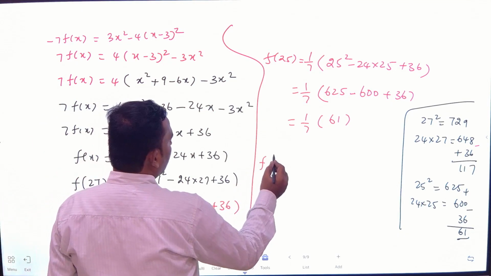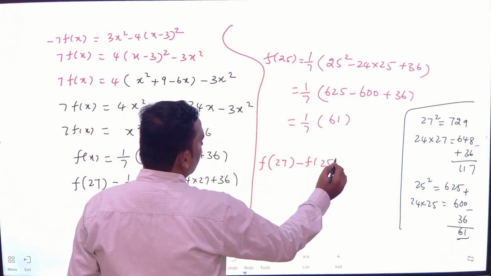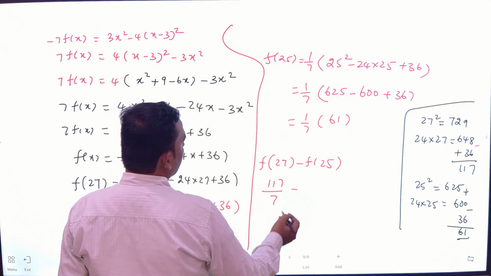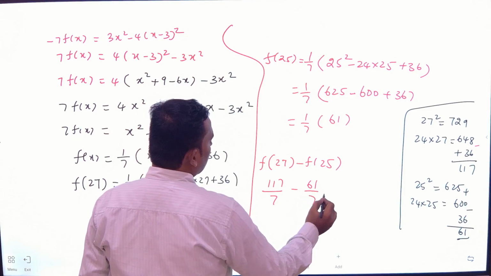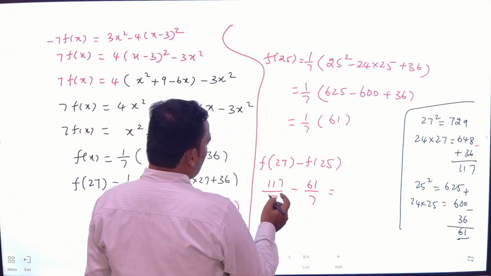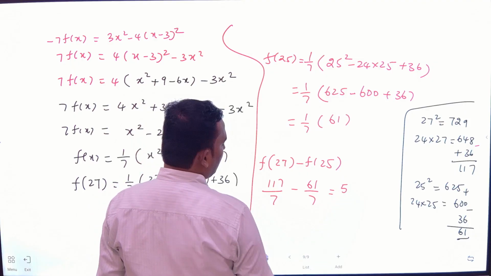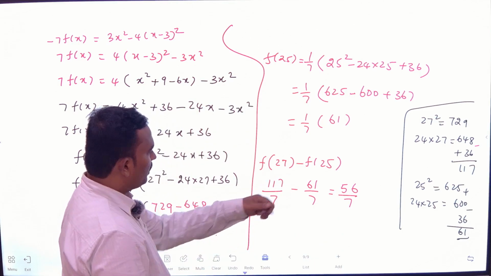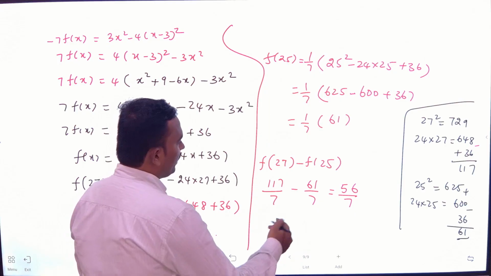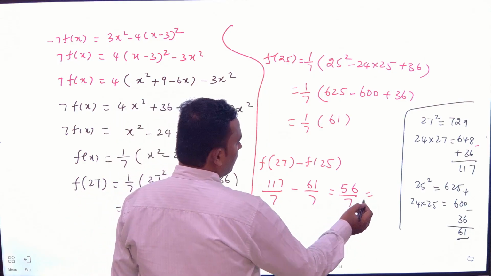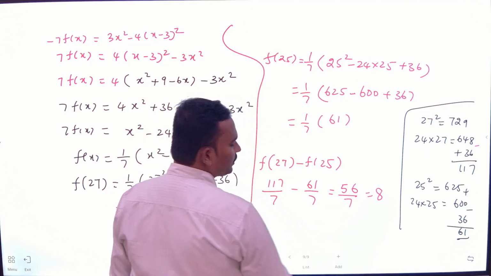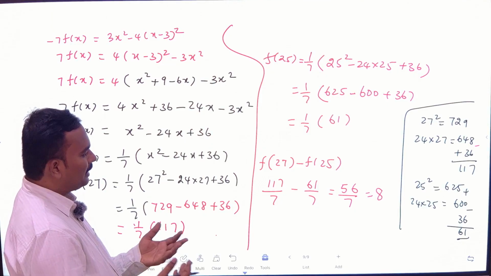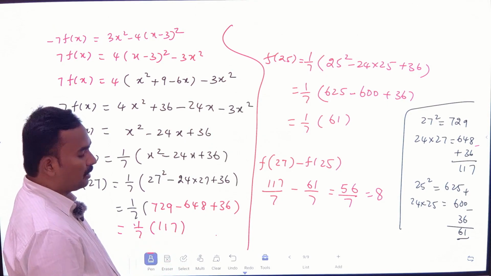Now take the difference, f of 27 minus f of 25. f of 27 is 117 by 7 minus f of 25 which is 61 by 7. 117 minus 61 will be 56. 56 by 7 is your answer, which simplifies further to 8. So it is exactly an integer, not a decimal.